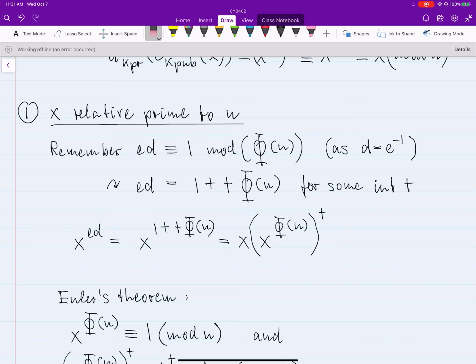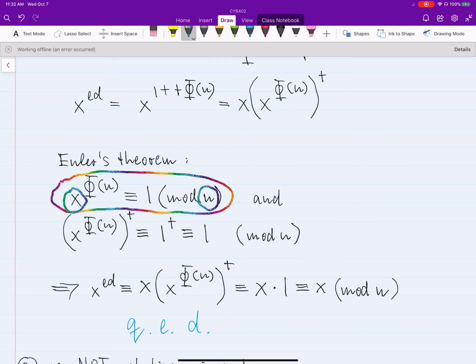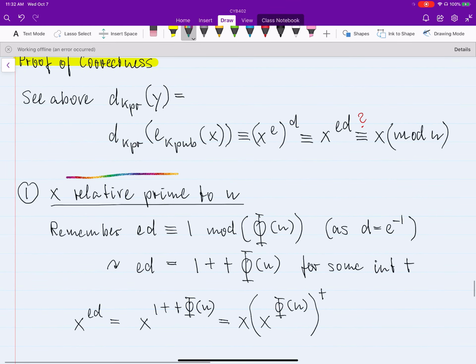Okay, so how can we do that? Well, let's remember Euler's theorem, which states that if x is relative prime to n, and this is the reason why we had that first case, x relative prime to n.